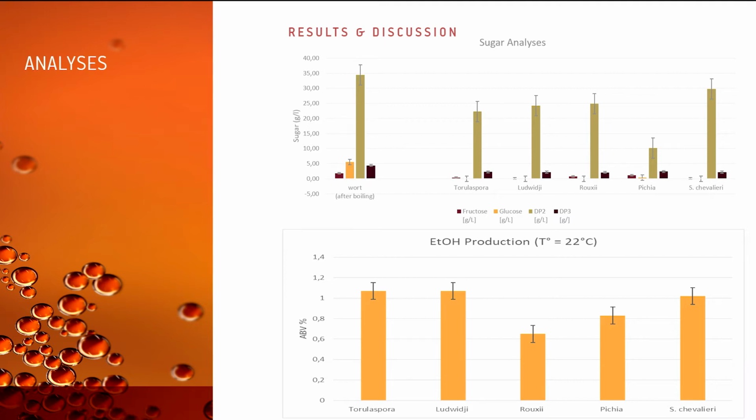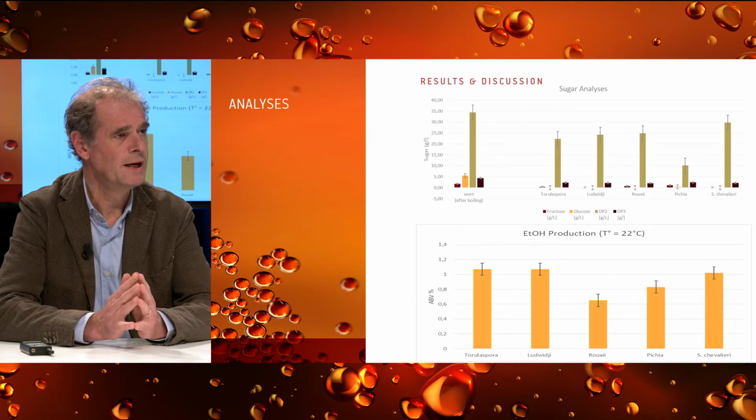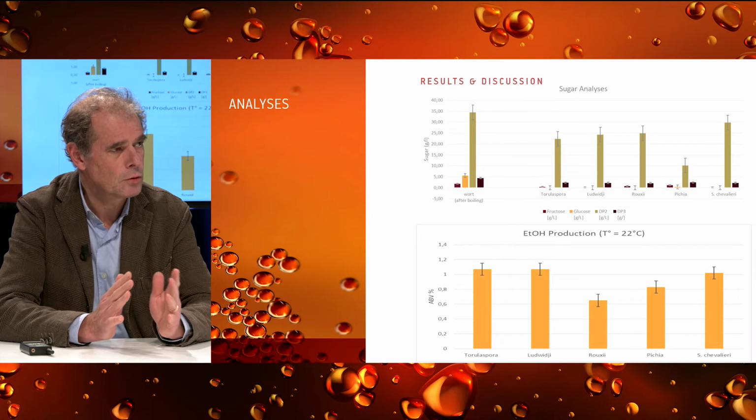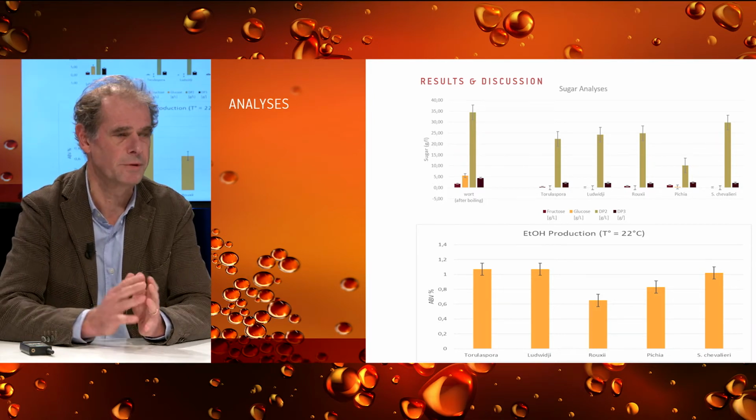In terms of ethanol production, we see as well that we are completely standard, because the chevalieri produces about 1% ABV, and some microorganisms consume a little bit more, with a level of alcohol a little bit above 1, but it's not really critical at that step.